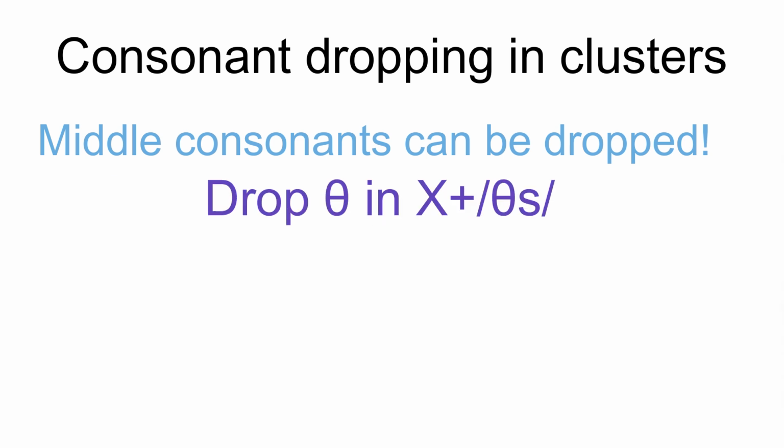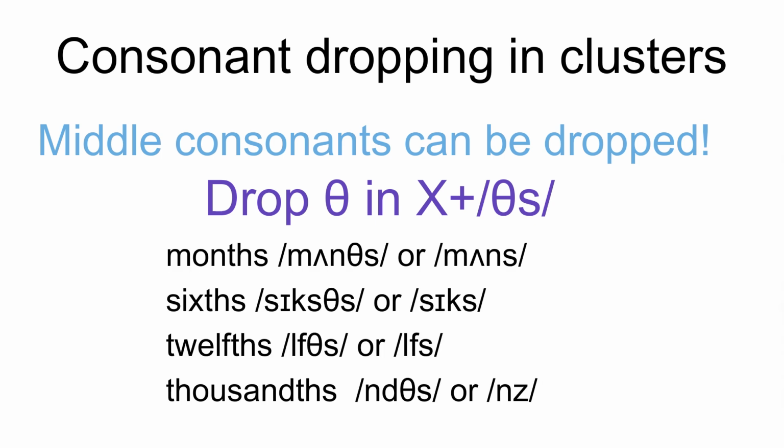With the th consonant cluster, as in the word months, we can just omit the th sound. We should not omit the final s, since it is a necessary grammar particle. So we can say months, sixths, twelfths, thousandths.